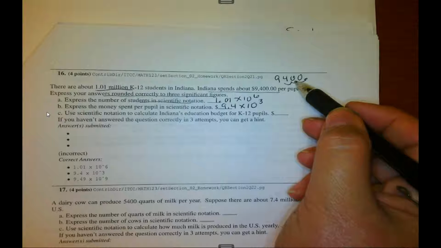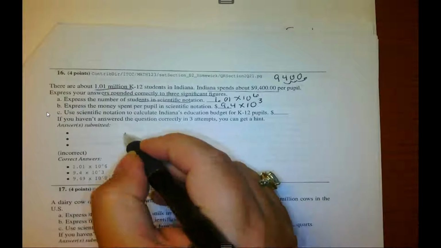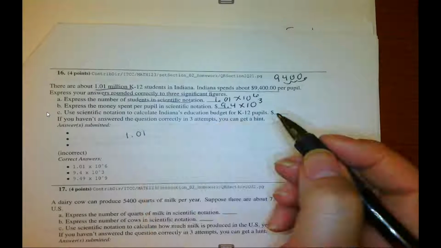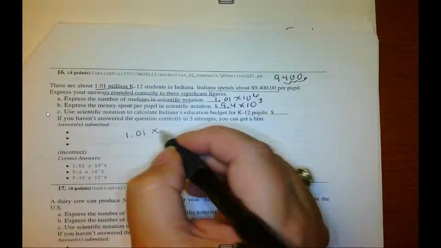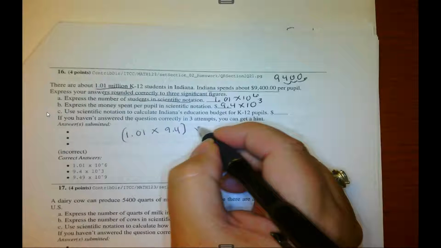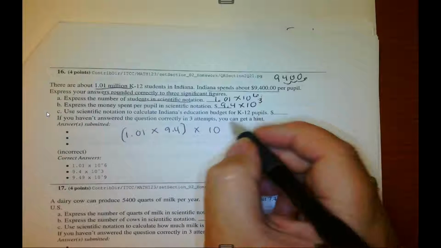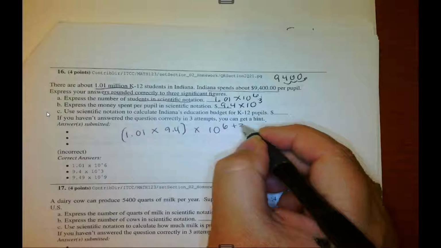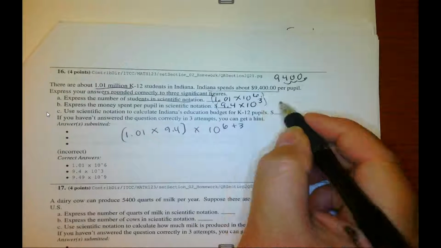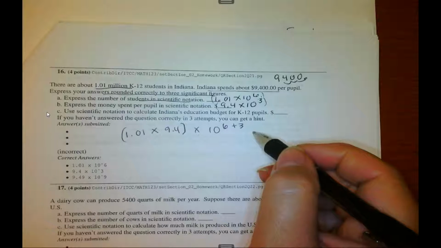This is what they spend on each one of these, so this is multiplication. 1.01 times 9.4 times 10 to the 6 plus 3, because we're multiplying these two numbers together. We're going to use the product rule.